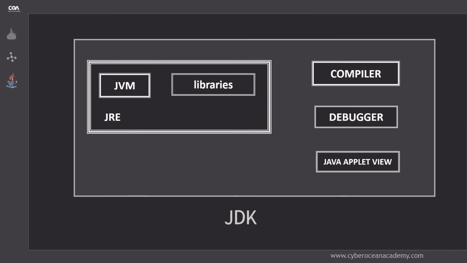So here you can see that JVM is inside our JRE along with some libraries, and JDK consists of JRE and also other development tools like compiler, debugger, and appletviewer.